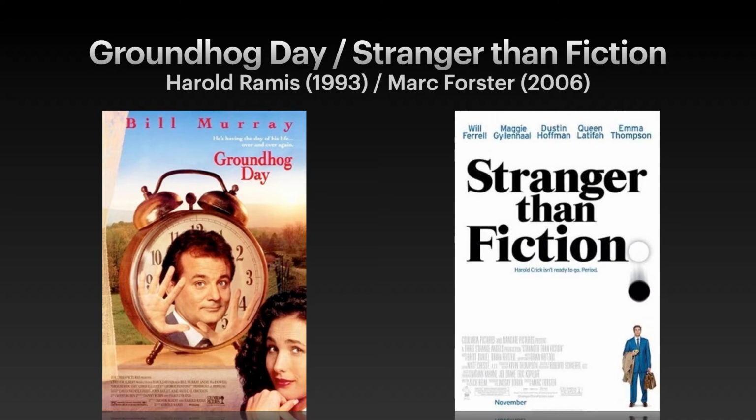I will refer to them a few times during this course. To summarize, Groundhog Day tells the story of a weatherman who relives the same day over and over. Stranger Than Fiction tells the story of an IRS agent who starts hearing a voiceover narrating his daily life. That's all I'm going to say about them.